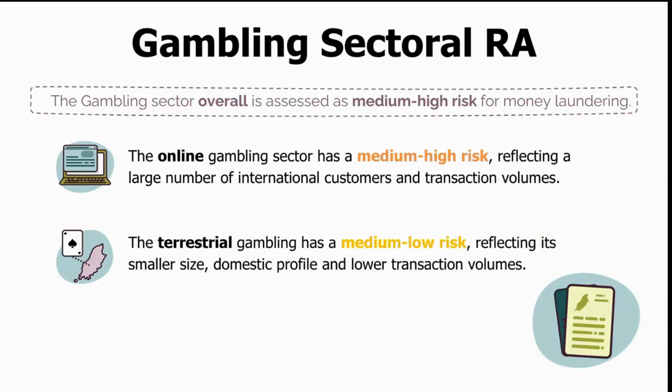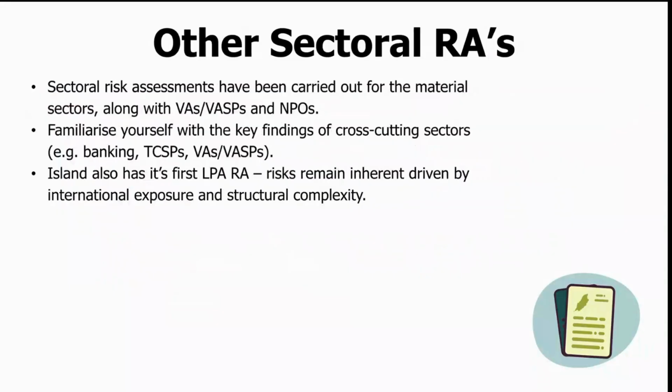Before I move on, I'll also mention the gambling risk assessment contains a product risk assessment, which reflects the inherent risks of the different gambling verticals. So operators should consider those that apply to them as part of their BRAs.